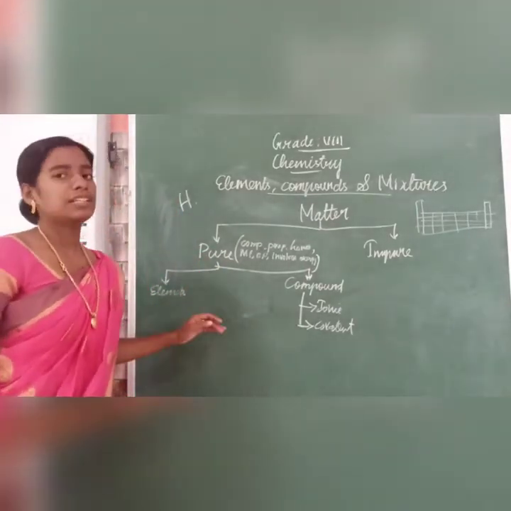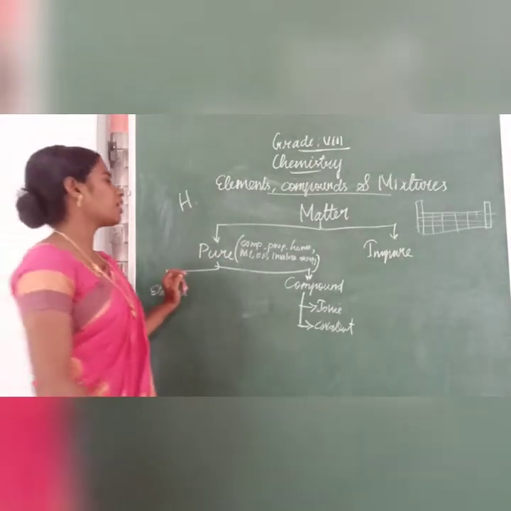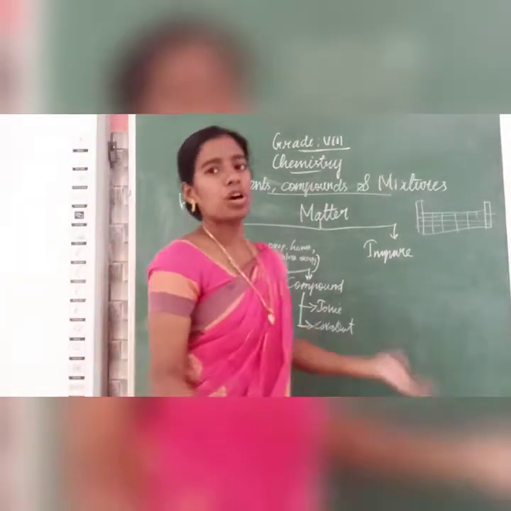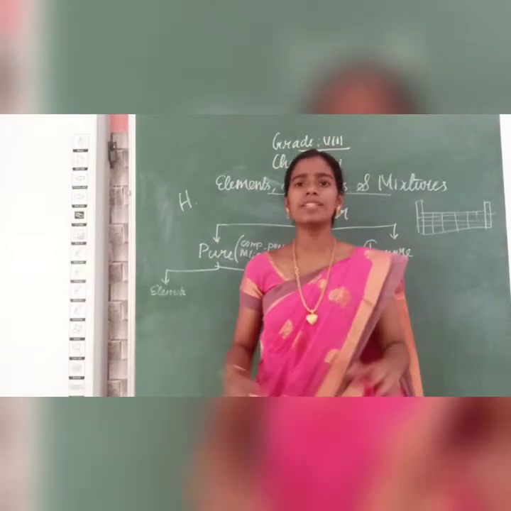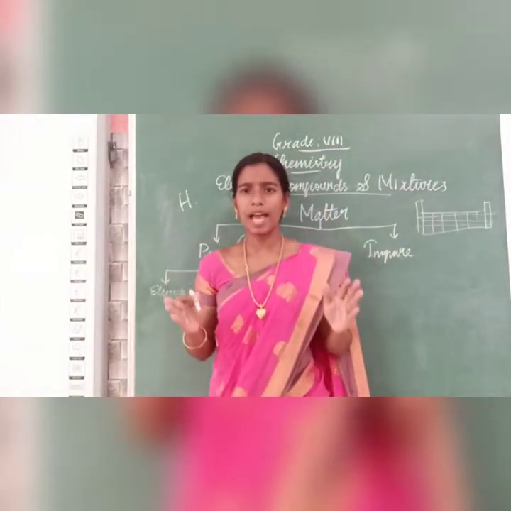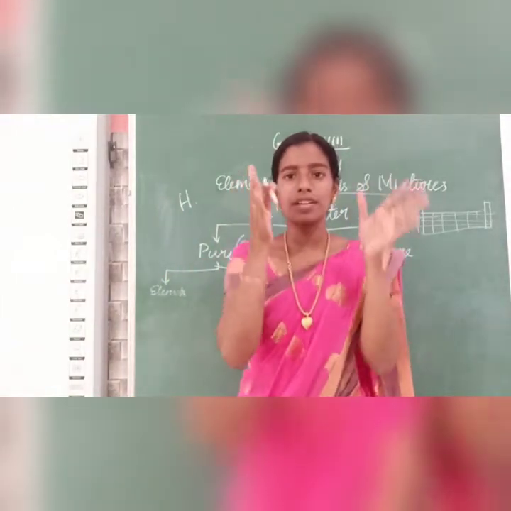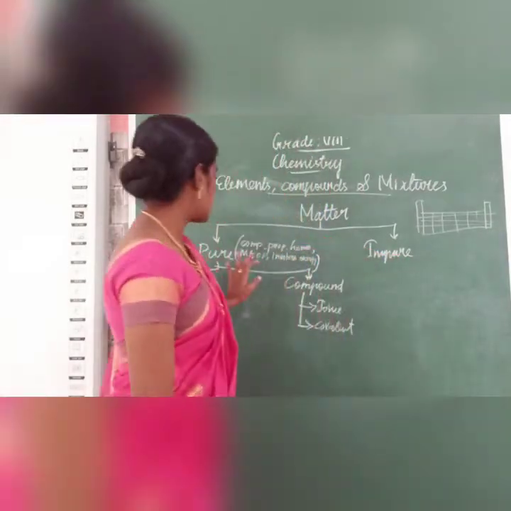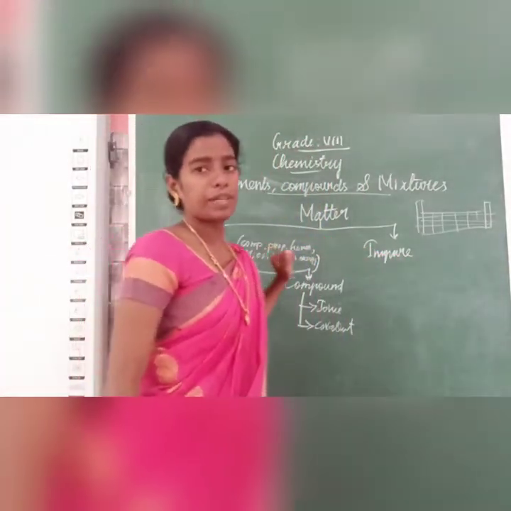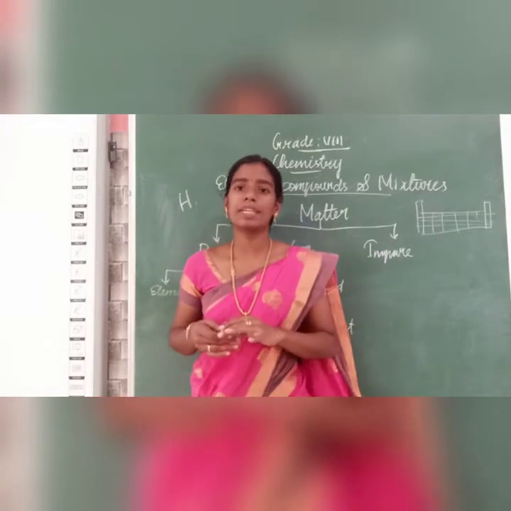Some of the properties are, it will have definite composition. Definite composition means the pure substance will have atoms of the same type. Then chemical properties, it will have constant chemical properties.